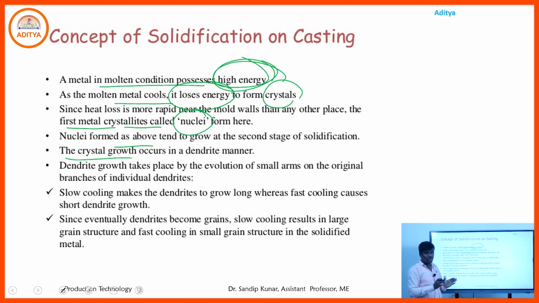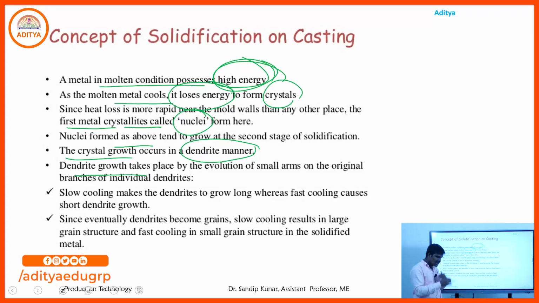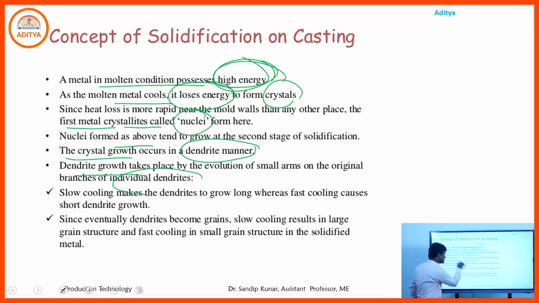The crystal growth occurs in a dendrite manner. Then dendrite growth takes place, with the evolution of small arms on the original branches of individual dendrites. Due to continuous formation of the dendrite structure, arms of individual dendrites form.